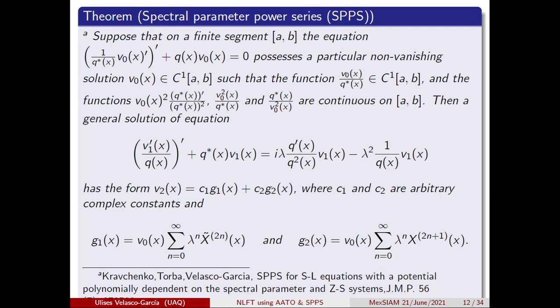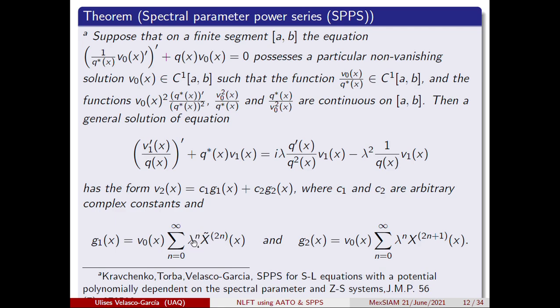Then a general solution for the Sturm-Liouville equation has the form C1 times G1 plus C2 times G2. Those are linearly independent functions. Of course, C1 and C2 are arbitrary complex constants, and G1 and G2 are spectral parameter power series.